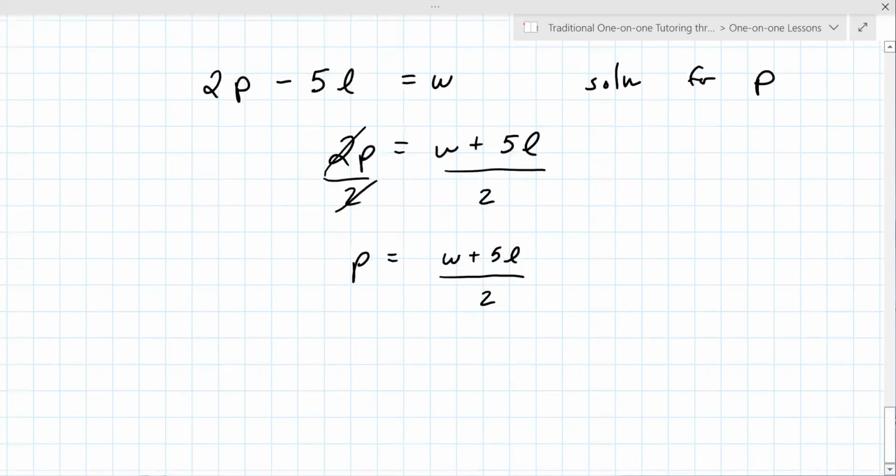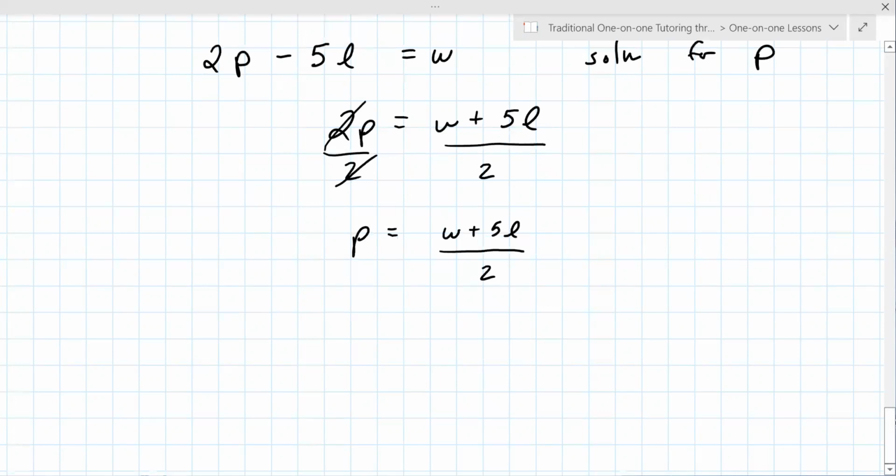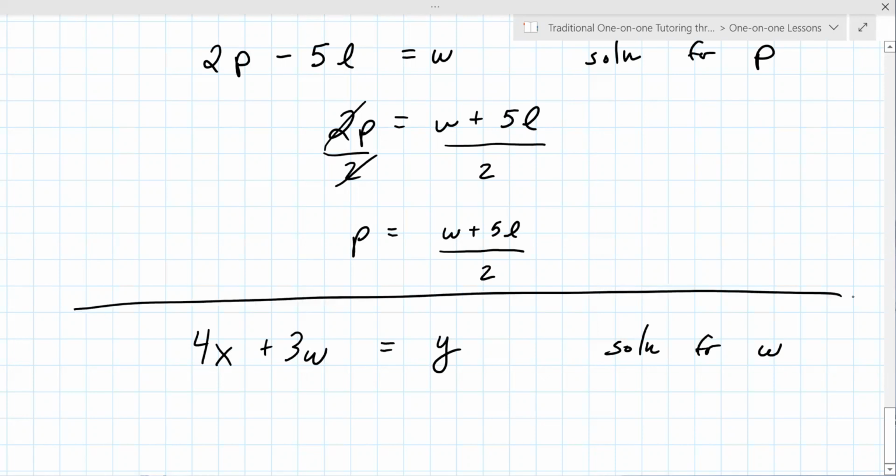All right, let me give you one more of these to try. 4x plus 3w equals y, and I want you to solve for w in this new problem.